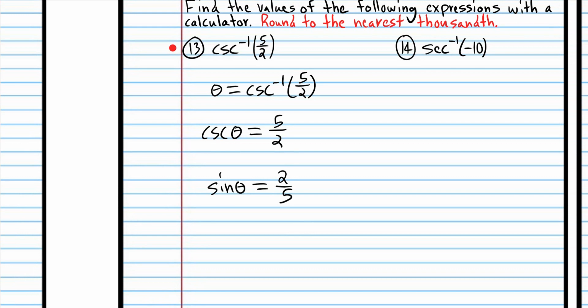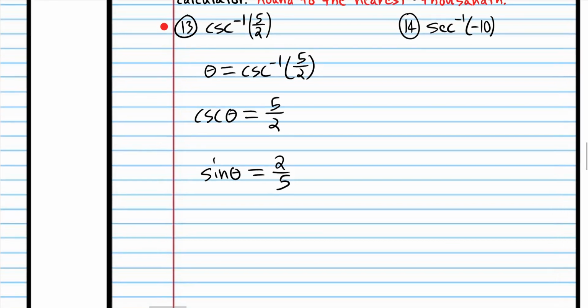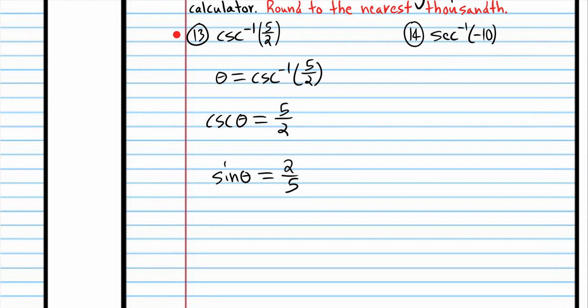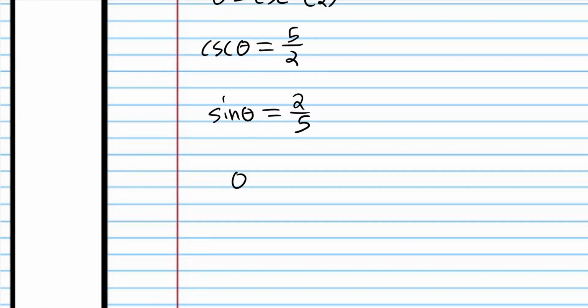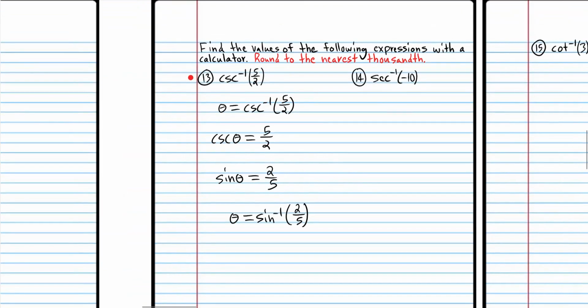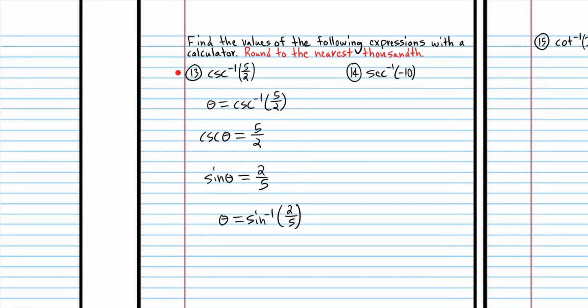Cosecant is the reciprocal of sine, and secant is the reciprocal of cosine, and tangent is the reciprocal of cotangent, and vice versa. So now we can say, theta is equal to sine inverse of 2/5. This is the same theta that we had up here. We're just using a different function to help us.